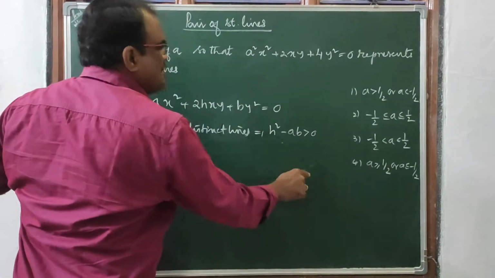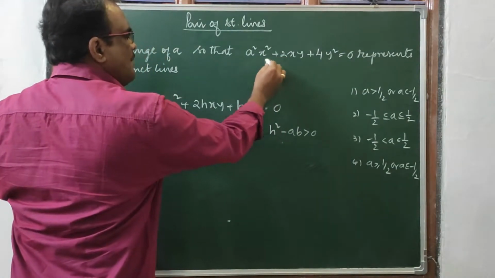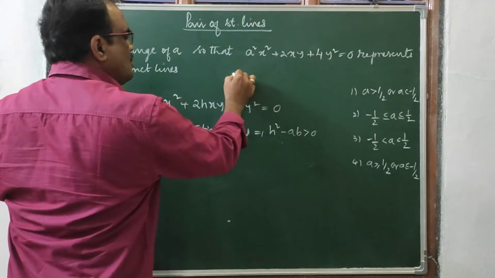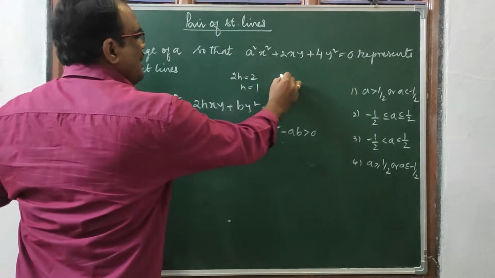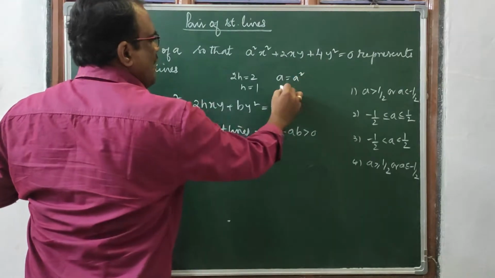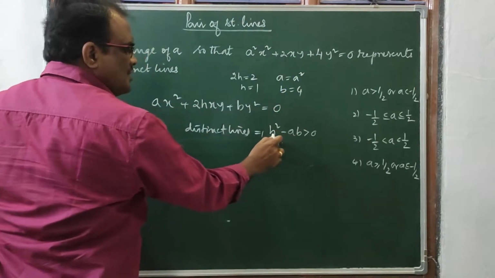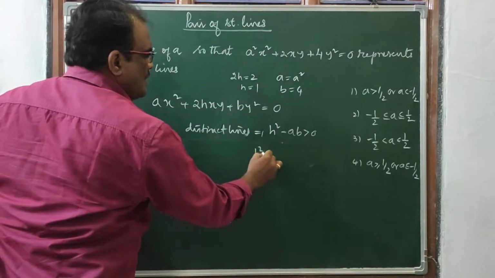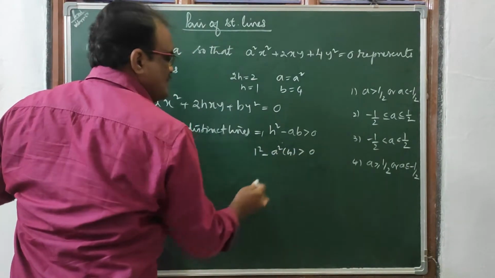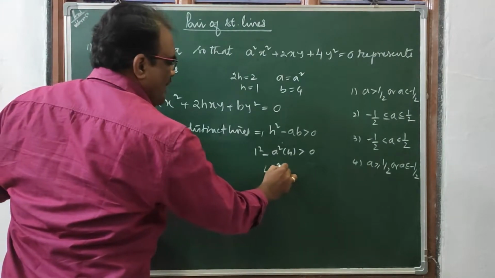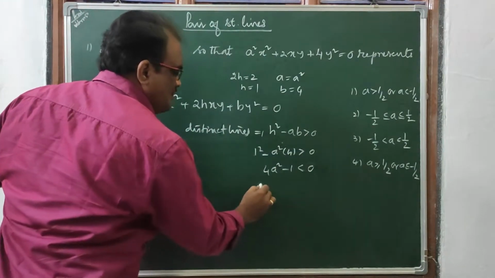Using this, to represent two distinct lines, what is our condition? h² - ab > 0. Comparing, 2h = 2, so h = 1. Here a = a² and b = 4. Substituting, we get 1² - a²·4 > 0, that is 4a² - 1 < 0.